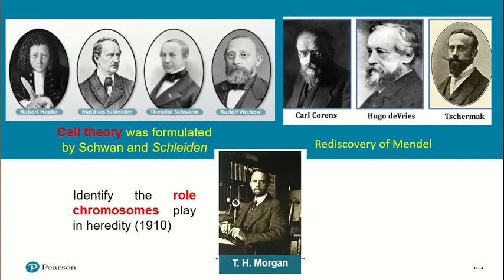Finally, we talked about how by 1915, the basic principles of Mendelian genetics had been studied in a wide variety of organisms, and most notably, the work of Thomas Morgan using fruit flies was very important because he found that genes were located on chromosomes, and that chromosomes play a very important role in heredity.